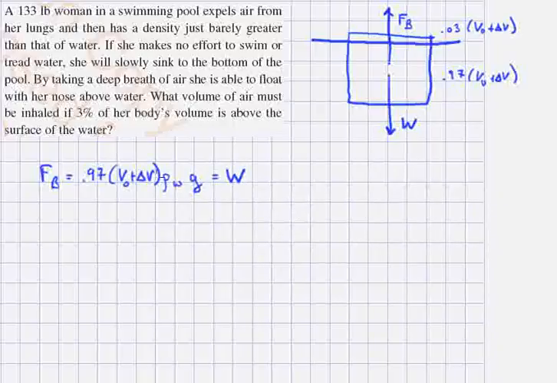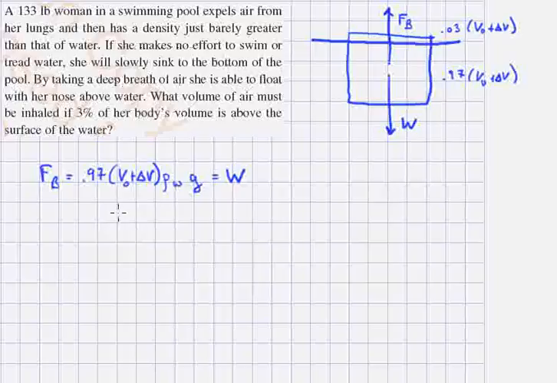All right, now I want to solve for delta V, but I've got an equation here with two unknowns in it. I've got V naught and I've got delta V, so I need another equation. The rule, of course, being that the number of equations has to equal the number of unknowns. So the other equation we have is this statement that her density is barely greater than that of water. So what we're going to assume is that her density is equal to that of water. There's really nothing else we can do.